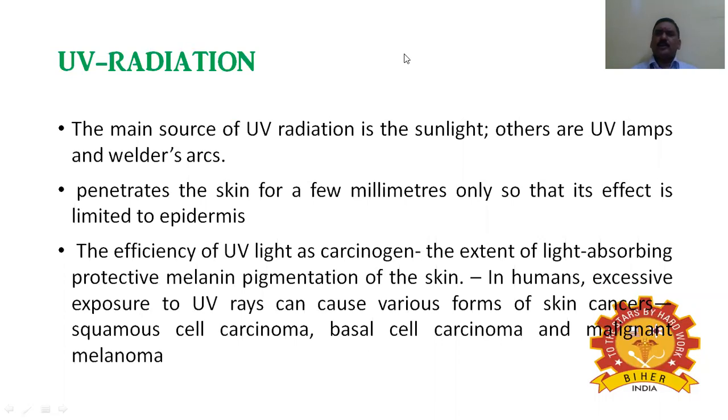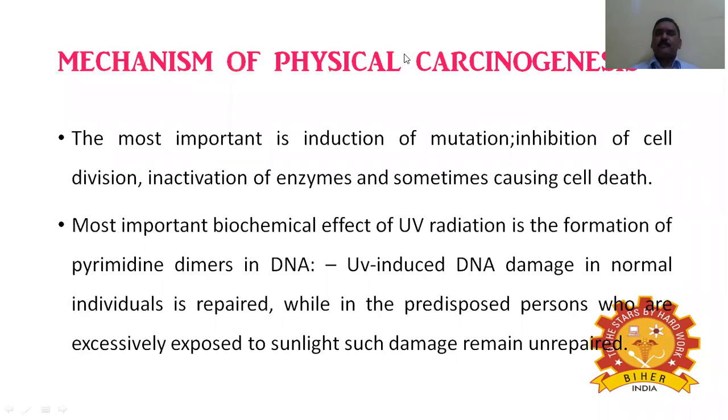Basically, in humans, excessive exposure to UV rays can cause various forms of human skin cancer, for example squamous cell carcinoma, basal cell carcinoma, and melanomas. Yes, right. Next, I'm coming to the mechanism of physical carcinogenesis.